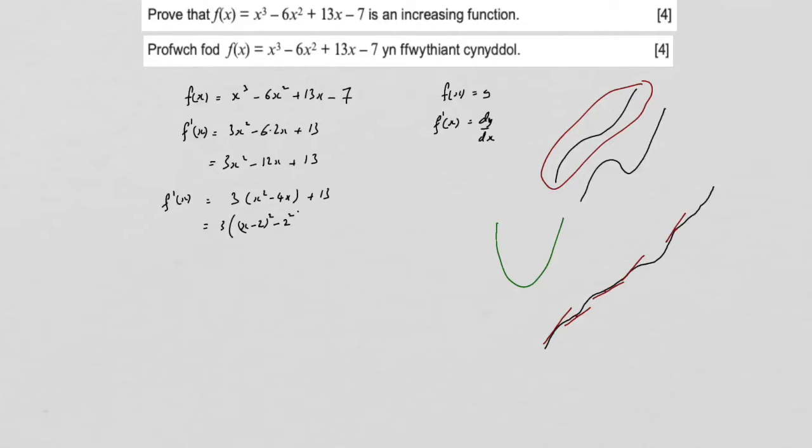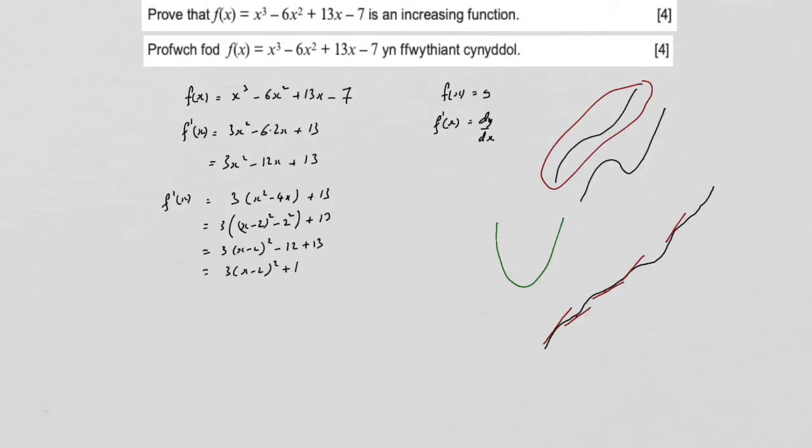Anyway, we've done that bit, so then we've still got our plus 13. And when we get rid of the outer bracket, that gives us 3 times x minus 2 squared minus 2 squared is 4 times the 3 is 12 plus 13, which is 3 times x minus 2 squared plus 1.